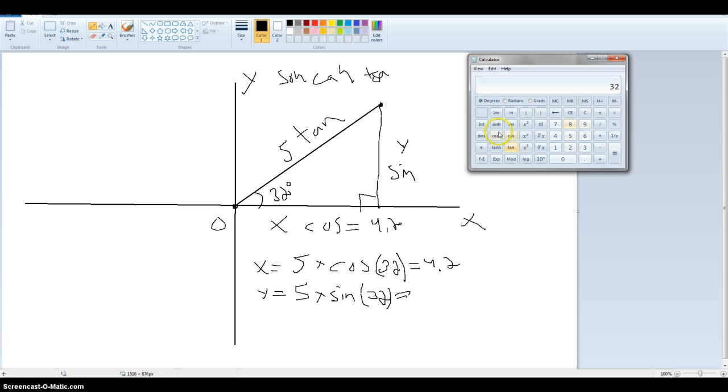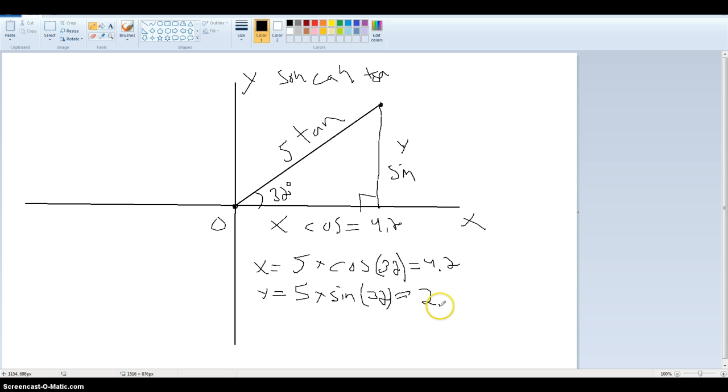Sine of 32 multiplied by 5 will be about 2.6.